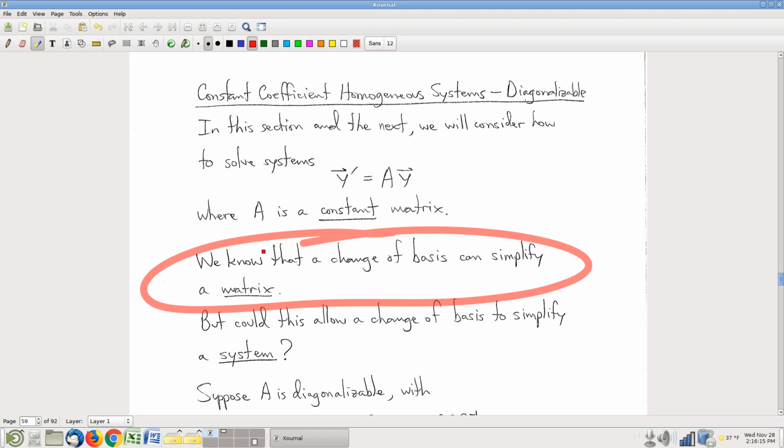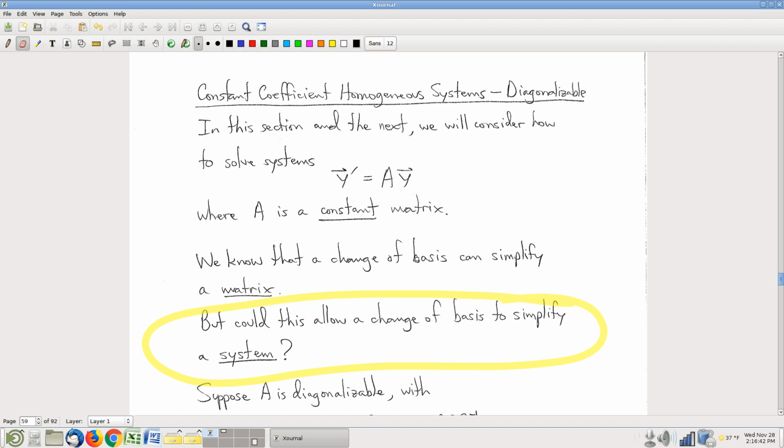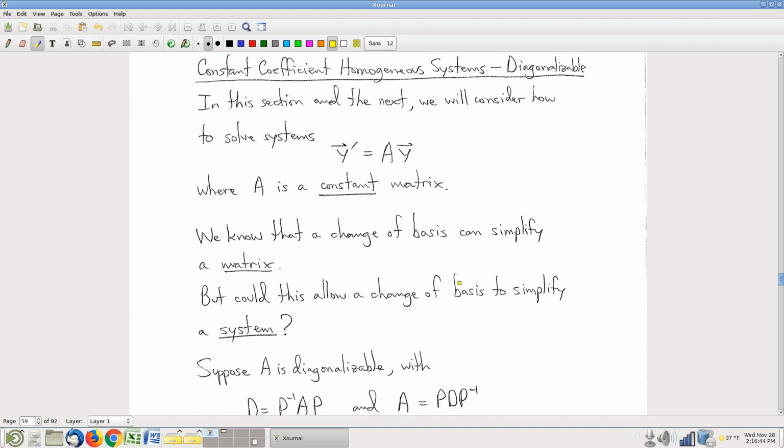So if a change of basis can simplify the matrix, roughly speaking, we're going to ask now, well, can some sort of a change of basis help me actually simplify the system also? Right? And it's not immediately clear. There's kind of slightly different questions. Not immediately clear if you can or can't do that. And it turns out the answer is yes. It works just fine. You just got to be careful with how you write it down. So here's how it breaks down.